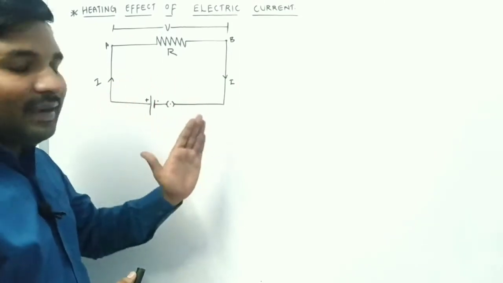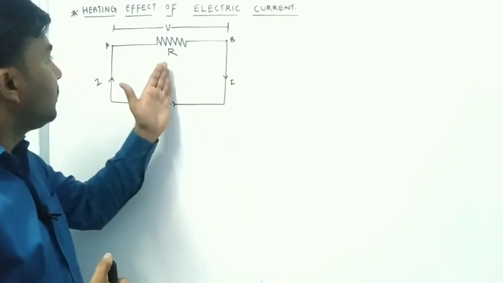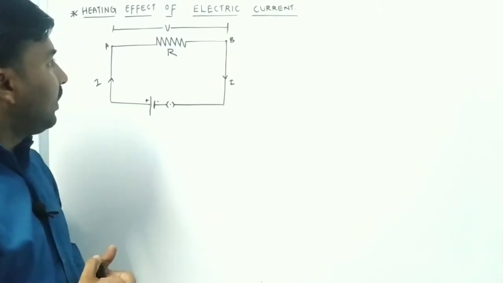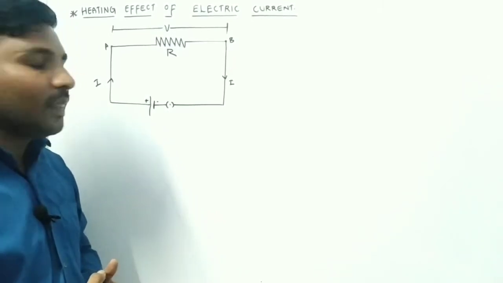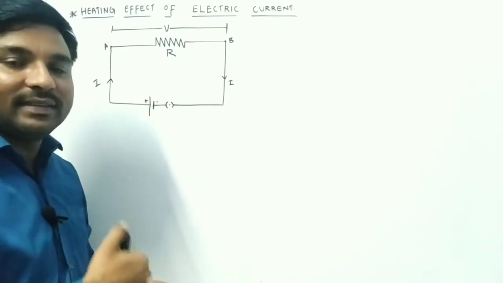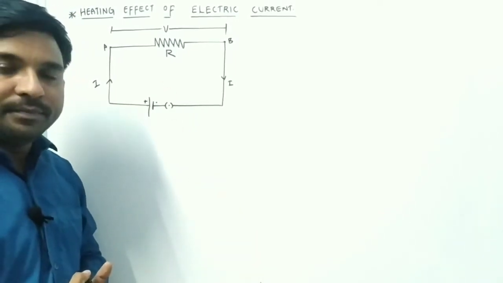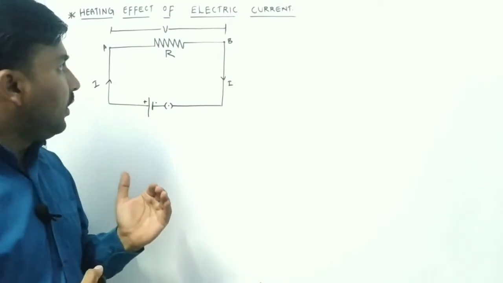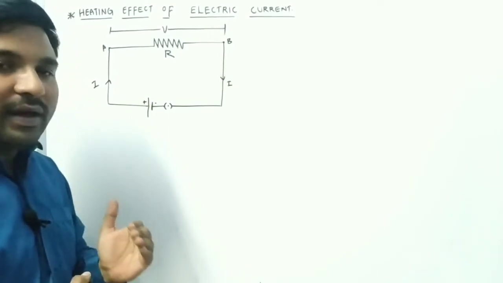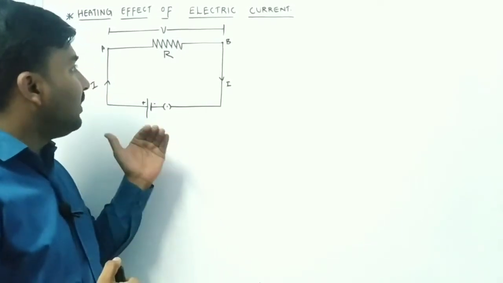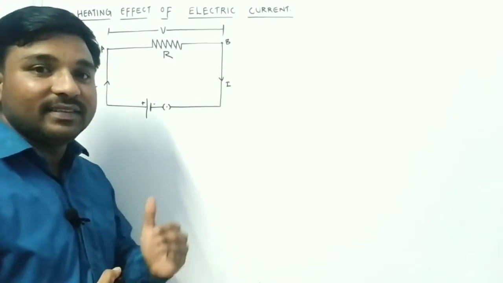Now as the current is flowing through the resistor, after some time this resistor gets heated. Now the question will arise in our mind: why does the resistor get heated?